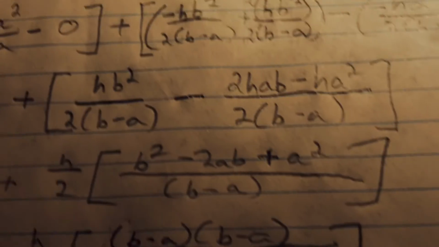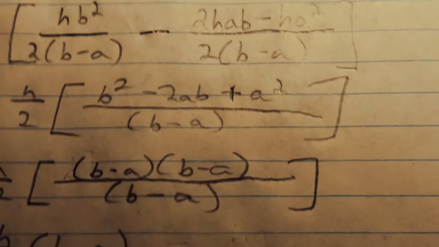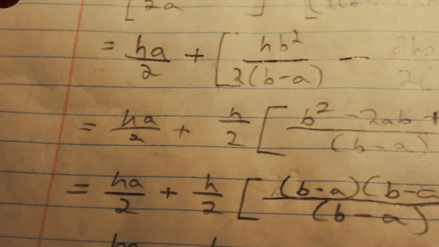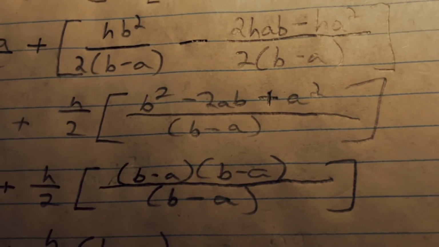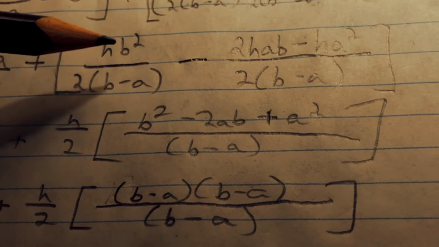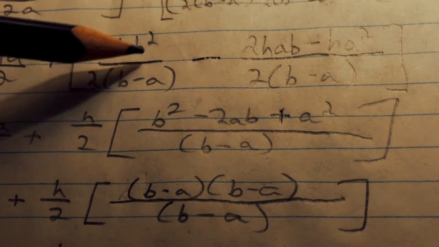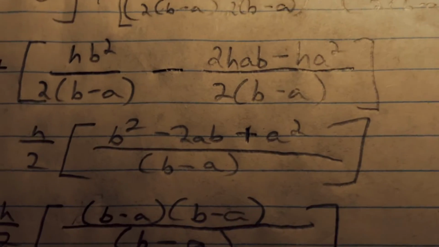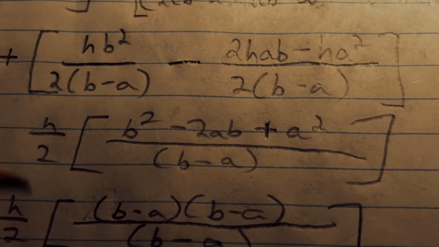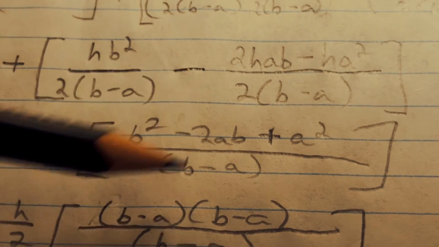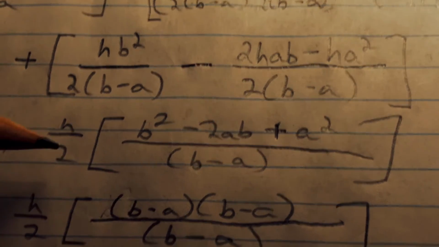Both of these are still over the same denominator. The first term remains the same. The H is factored out from here and from here and from here. The 2 is factored out from here and from here, written right there.